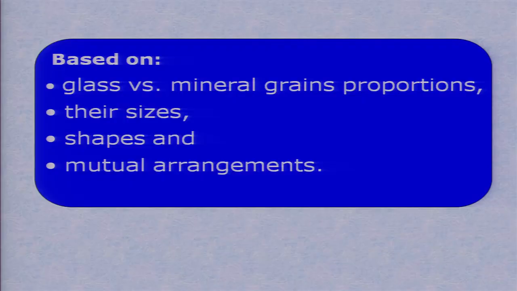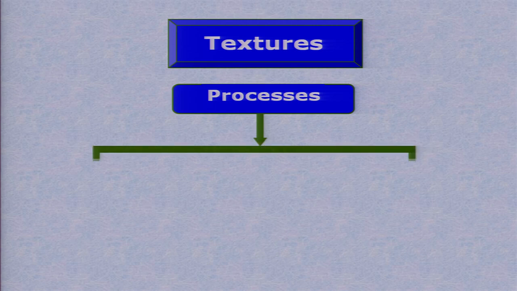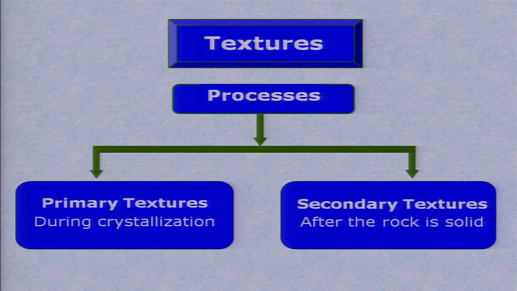Texture, based on glass versus mineral grain proportions, their sizes, shapes and mutual arrangements, can be classified into two major categories. One is primary texture, which is formed during crystallization of magma, and the other is secondary textures, which are developed after the rock is consolidated or after the rock is formed.